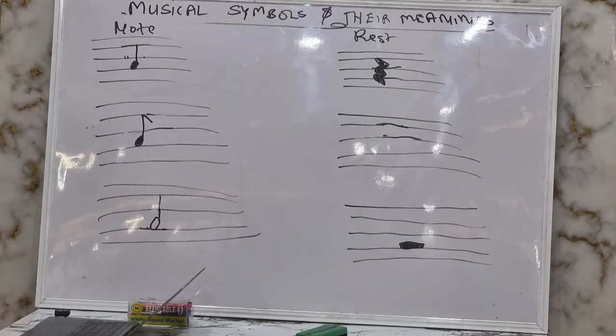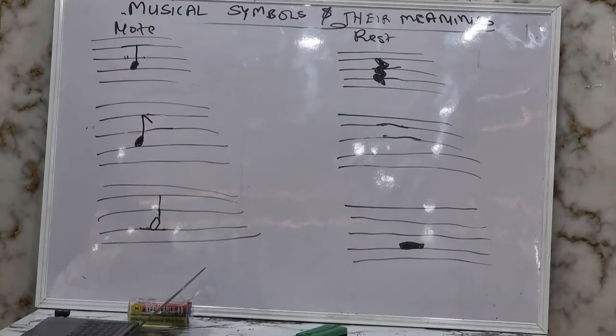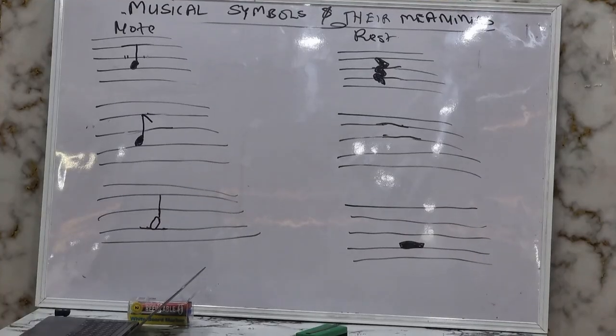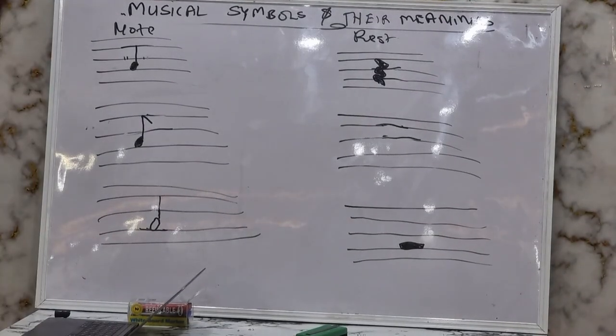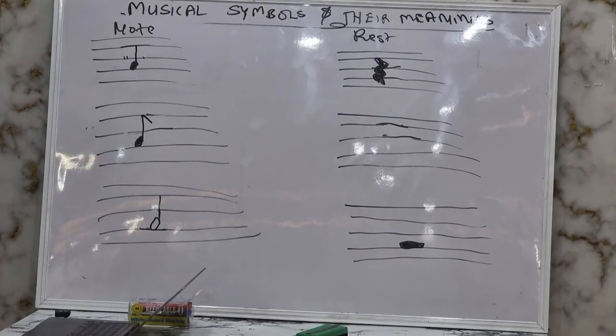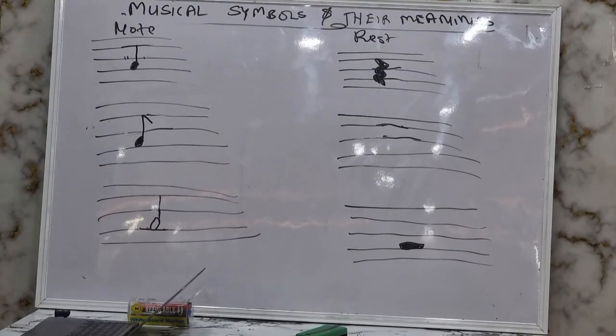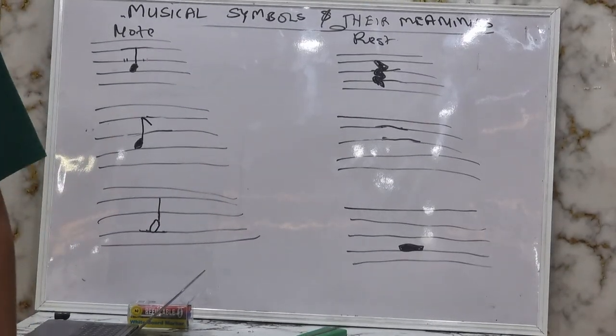What rest is this one? Crochet. What's the key of this psalm? D flat. It's not G flat.